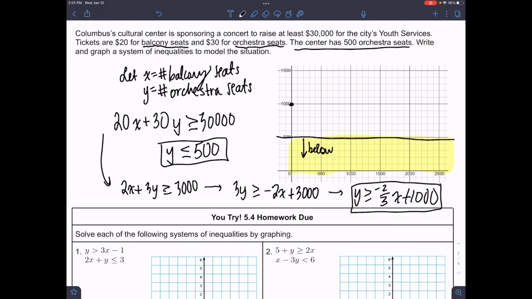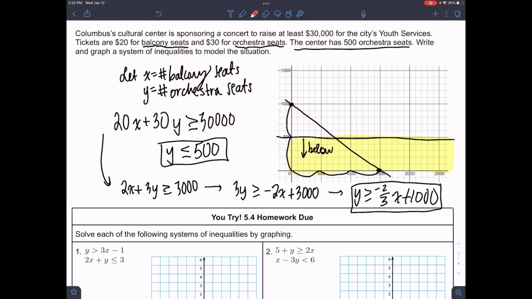And then we have to plot this line. So the b value is 1,000. And then in general, it goes down 2 over 3. So instead of trying to find, I mean, the y-axis is different. So I'm just going to take these huge squares and go down 2 huge squares and over 3. And connect this with a solid line.